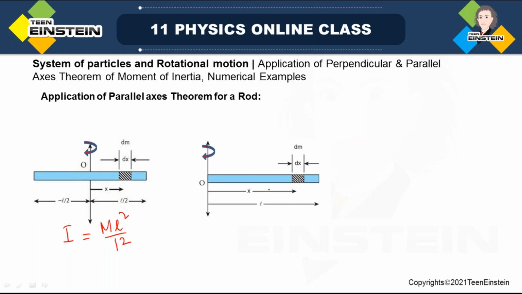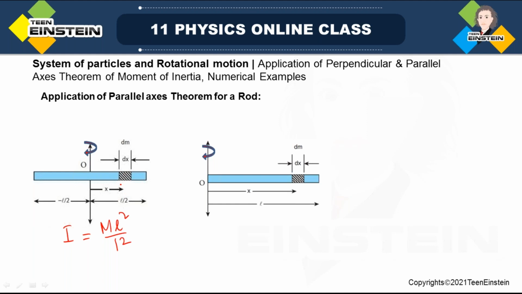Now I have to calculate moment of inertia about an axis which is passing through one of the edges of this rod, perpendicular to the length of the rod.